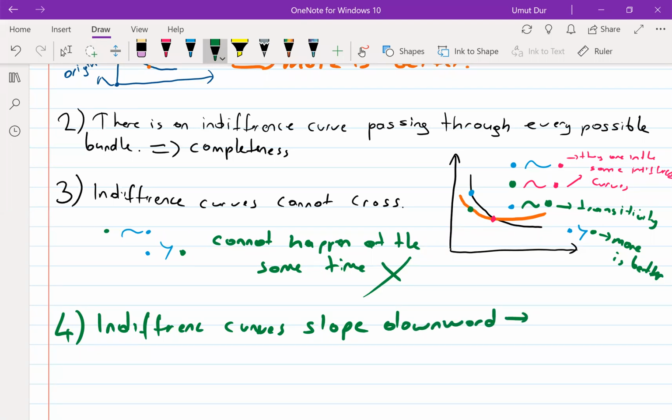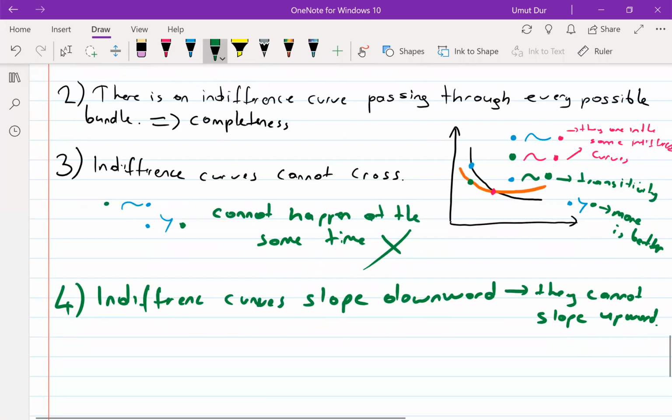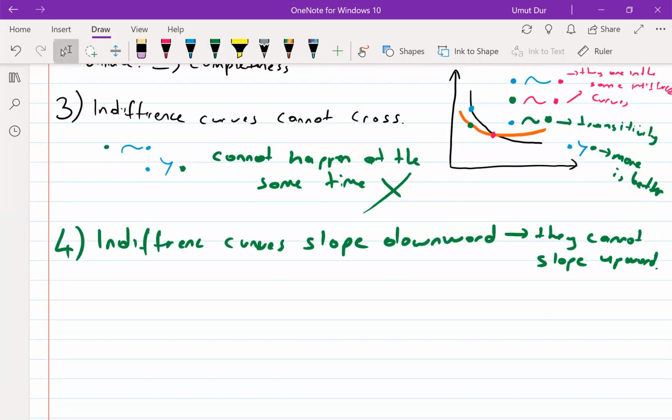In other words, they cannot slope upward. What is this property telling us? If you consider the graph here, suppose that we have an indifference curve which is sloping upward.